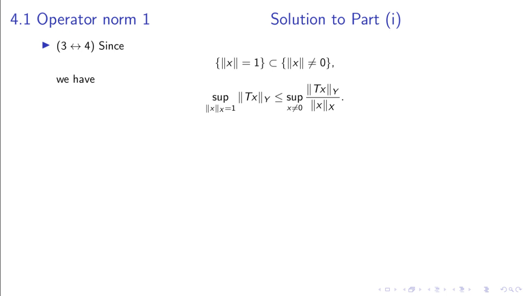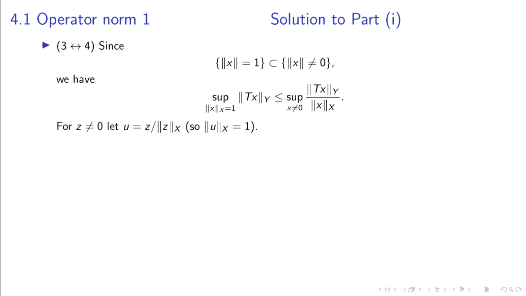For the reverse inequality, take any non-zero vector z in X and again normalize it by setting u equals z divided by ‖z‖_X. Then u has norm 1.